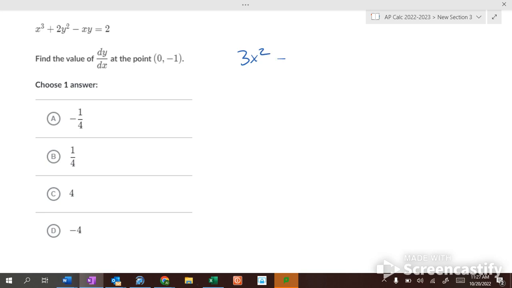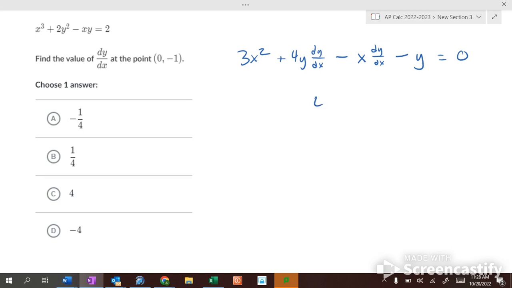Second term? 4y dy/dx minus x dy/dx minus y equals 0. Okay, because the first derivative of x is 1.